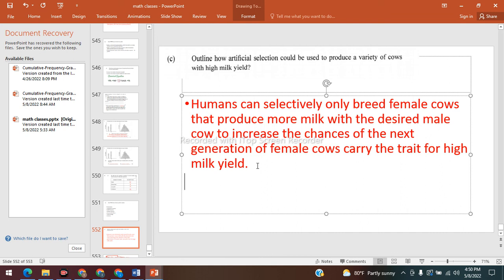Humans can selectively only breed female cows that produce more milk with the desired male cow to increase the chances of the next generation of female cows carrying the trait for high milk yield.